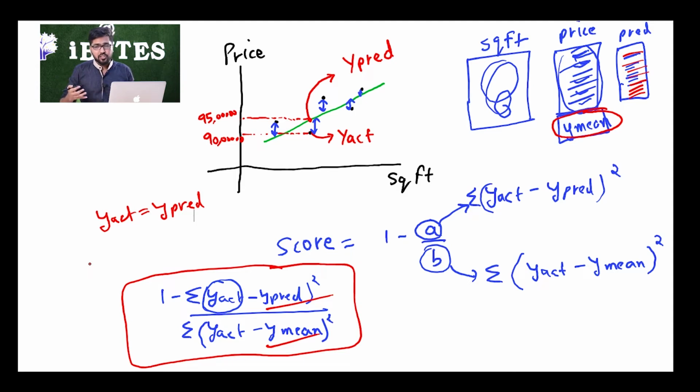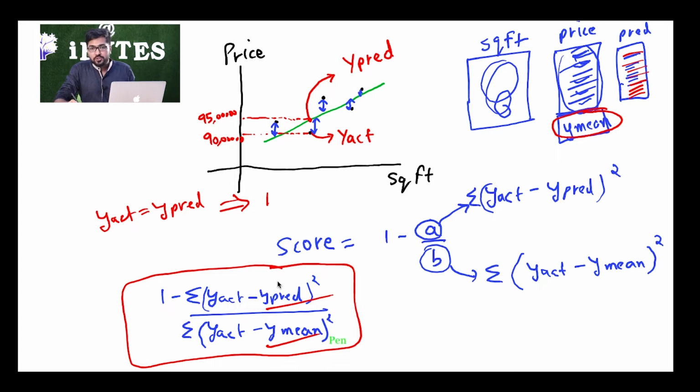In that case, we are getting a score of 1, when for all of the data points my model is able to predict everything same as its actual value.